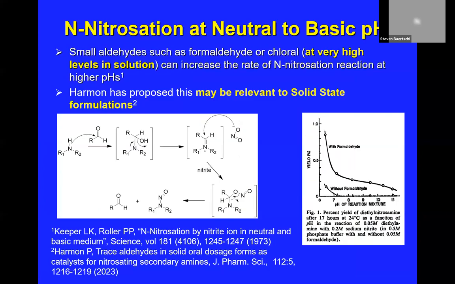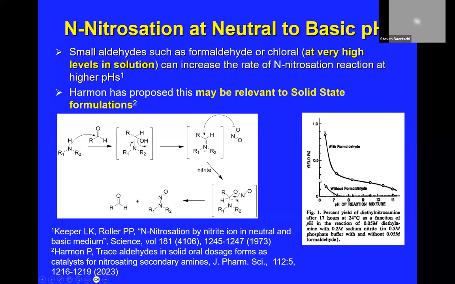At high pH, generally you see very low rates of N-nitrosation because you have so little nitrosating species. It's going to be nitrite, which does not nitrosate. But if you have high levels of aldehydes around, say for example formaldehyde or chloral at very high levels, it can increase the rates.